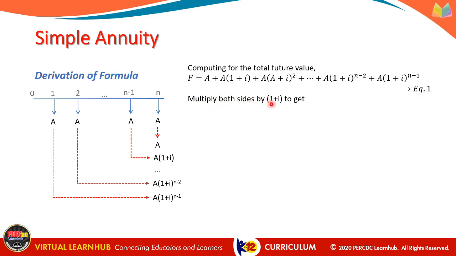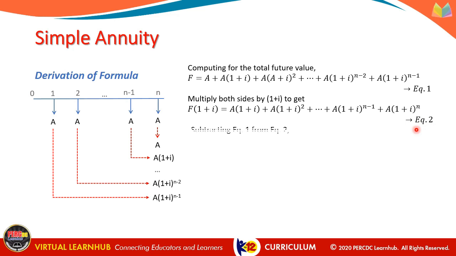Multiply both sides by 1 plus I to get F times 1 plus I. So we multiply this by 1 plus I. And this A will become A times 1 plus I. This A times 1 plus I will now become A times 1 plus I squared, until this A times 1 plus I raised to N minus 1 will become A times 1 plus I raised to N. We will call this equation number 2.